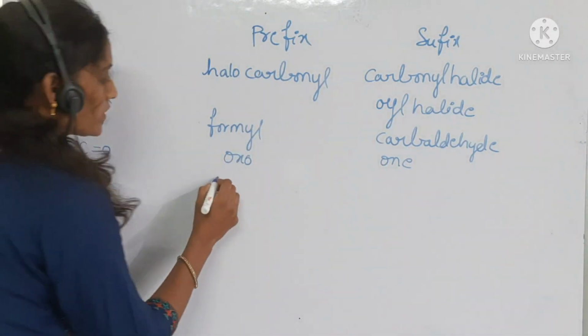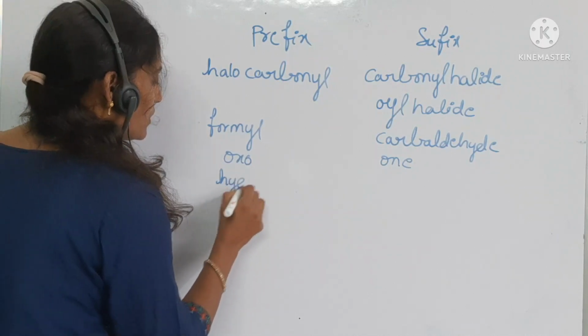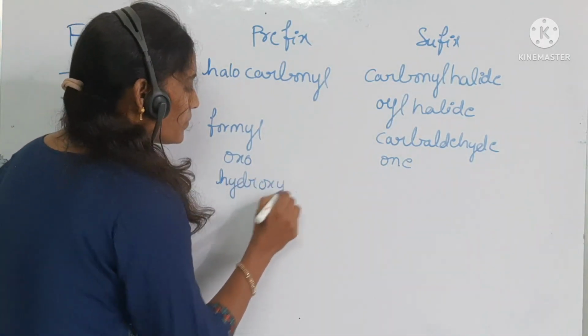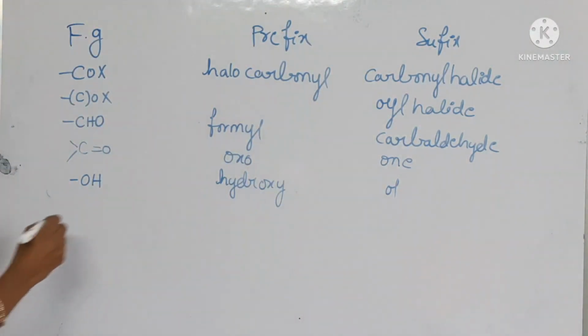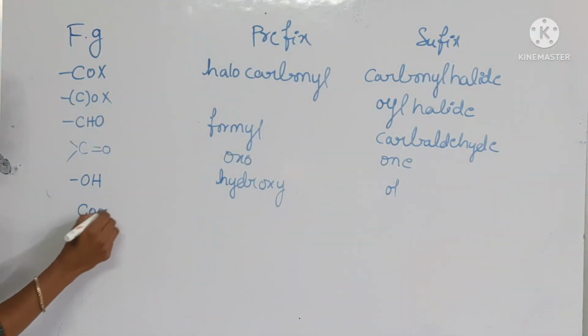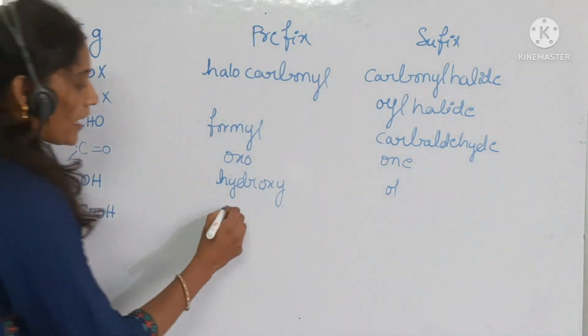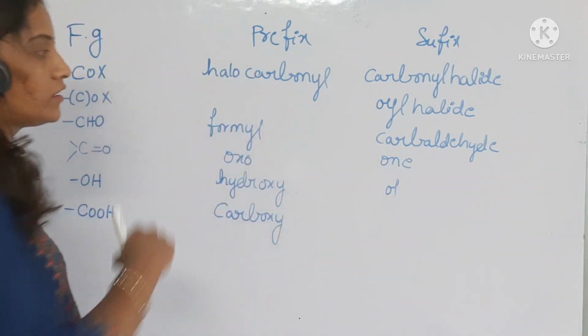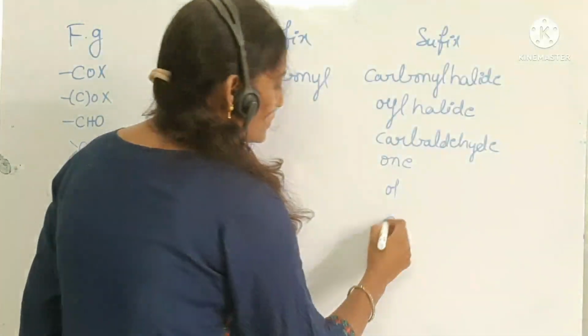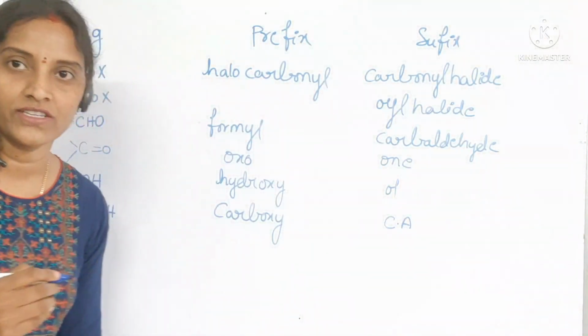Alcoholic functional group: hydroxy for prefix, ol for suffix. Then the acid functional group here, students: carboxy for prefix, carboxylic acid for suffix.